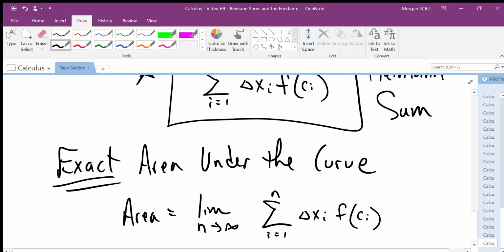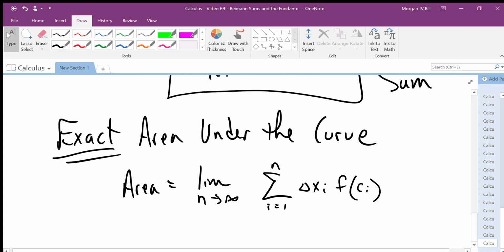That is the exact area under the curve. That's great. We like that. One slight problem.